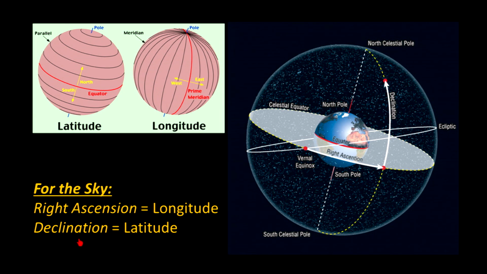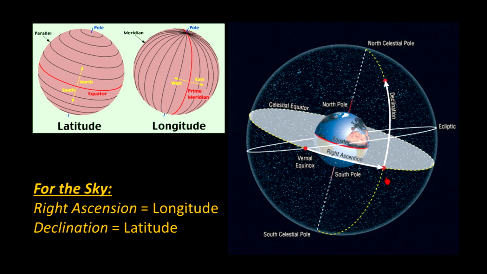So declination is the same thing as the concept of latitude. And on Earth, when you move around the equator, you are changing your longitude. But on the sky, when you're moving around the celestial equator, it is called right ascension. So right ascension is like longitude on Earth, and declination is like latitude on Earth.